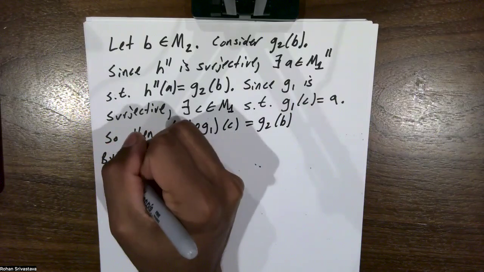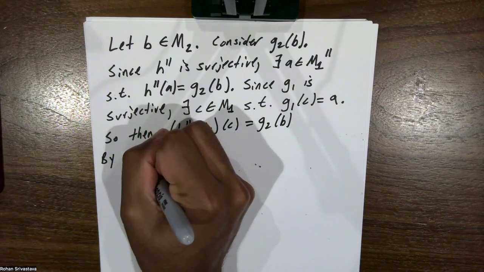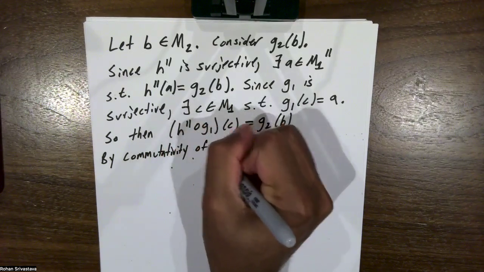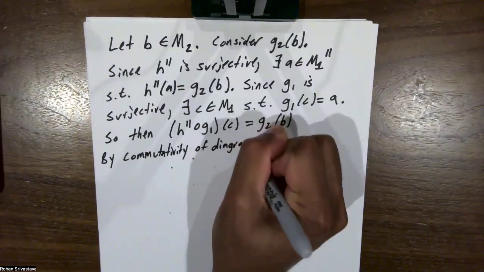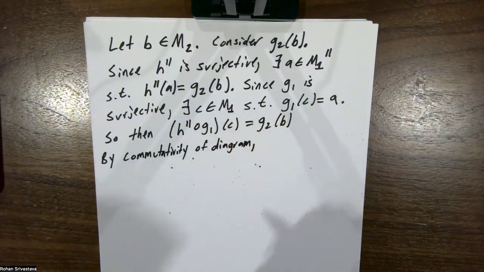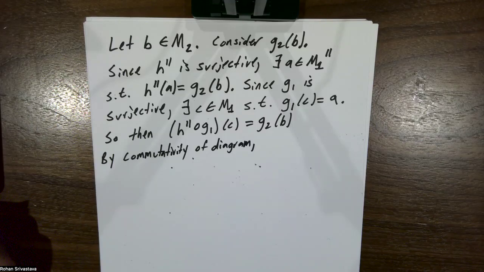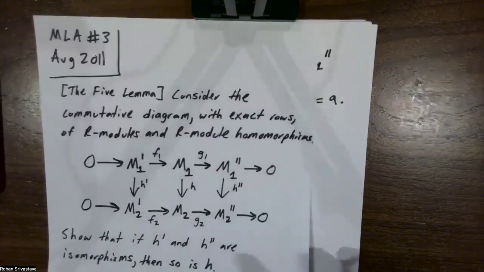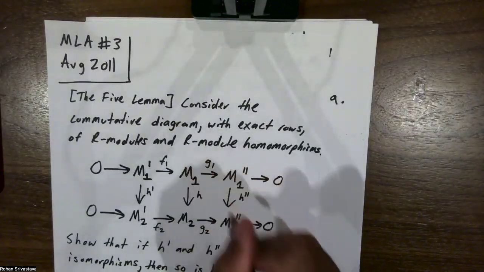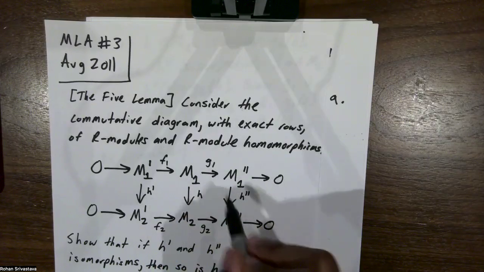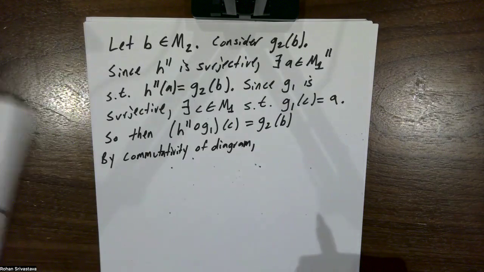But remember, this is a commutative diagram, so by the commutativity of the diagram, which is one of our hypotheses, H double prime composed with G1 has to be the same as G2 composed with H. In other words, if we go this way, that's the same as going that way.